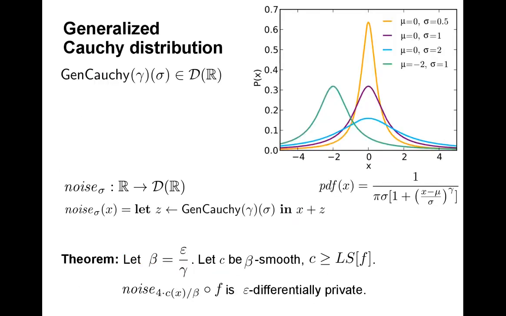And again, there are ways to use local sensitivity to make functions differentially private. And again, we do it by post-composing the function with noise, but now the noise has to be selected from a different distribution. It is the generalized Cauchy distribution. And again, there is a theorem which tells us how much noise should be selected. And now this parameter of the noise, we see it also depends on the value of x.